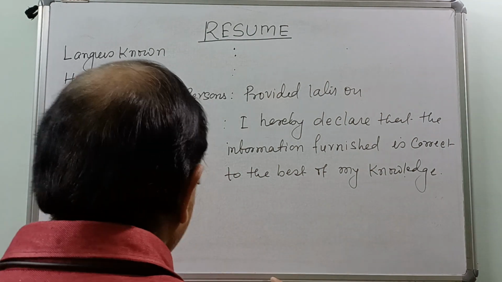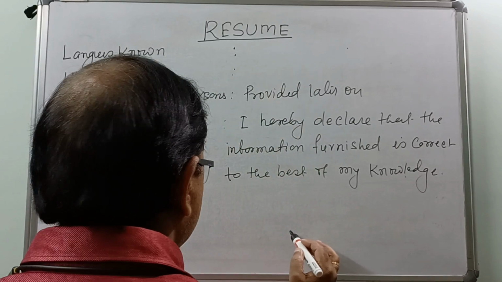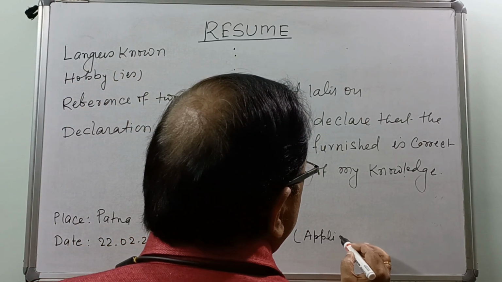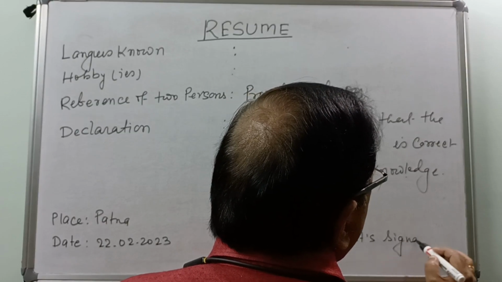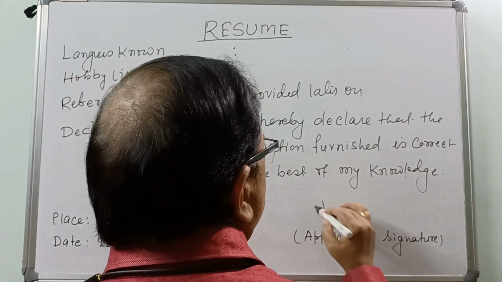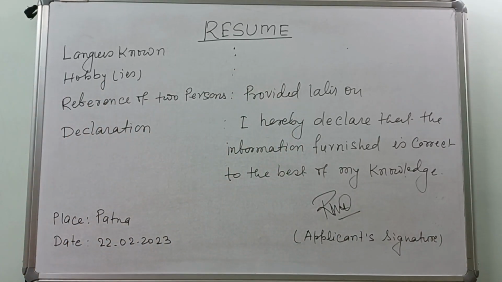To this extreme side, you leave this line, and here you are supposed to write applicant's signature, okay. And then here you are going to put the signature of the applicant, okay.